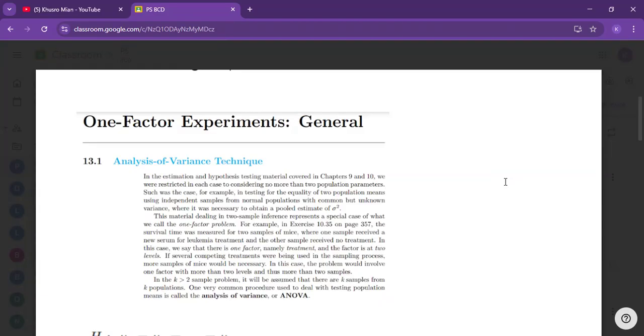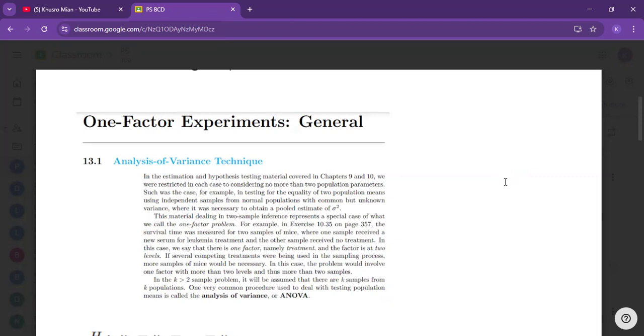For example, in exercise 10.35 on page 357, the survival time was measured for two samples of 5 mice, where one sample received a new serum for leukemia treatment, and the other sample received no treatment. In this case, we say there is one factor, namely treatment, and the factor is at 2 levels.